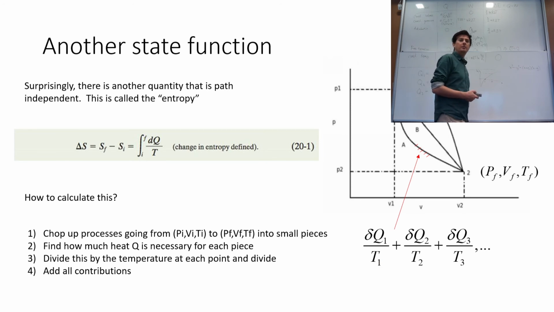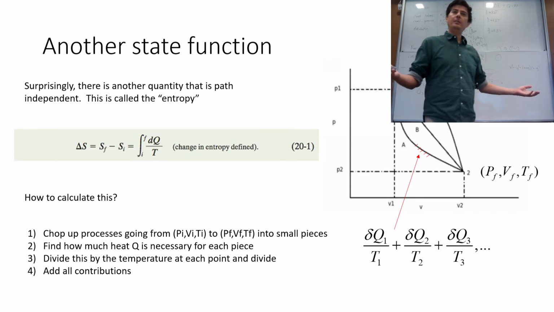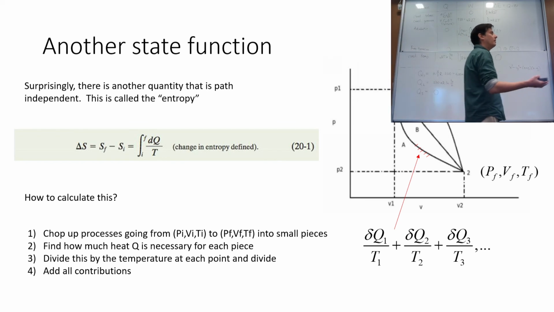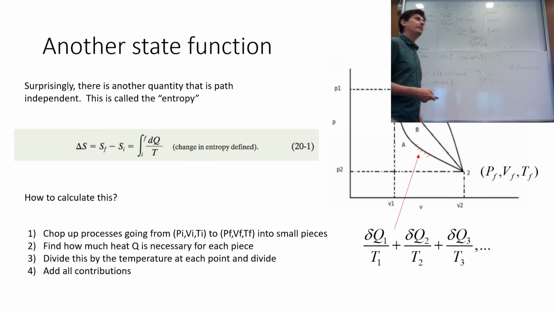Pretty weird thing to do. I don't know how you even think of looking at that as a quantity, because there's no hint of anything like that. It's not very intuitive. Why would you divide the amount of heat that goes in or out by the temperature?